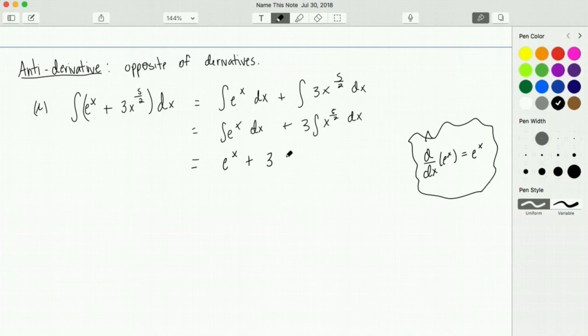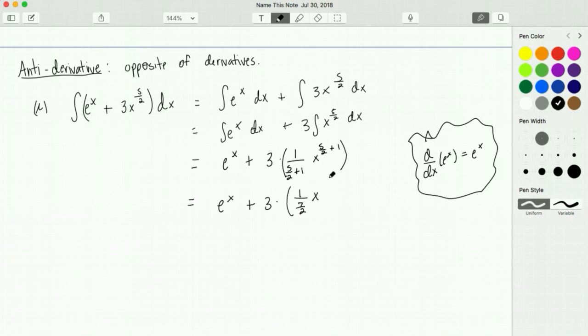So it should be 3, and we're going to use the rule. So it should be times 1 over our n, in this case 5 over 2, plus 1. We're going to add 1 to that, and then we have x to the 5 over 2 plus 1. So we have 3 times whatever this is. If we make this 2 over 2, then we have 7 halves.